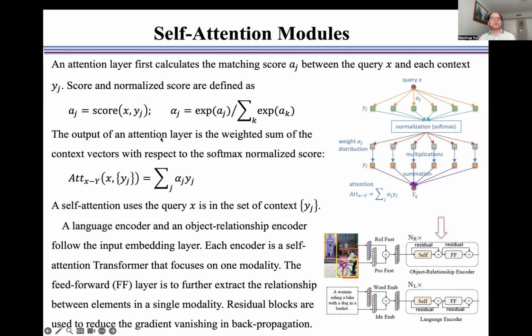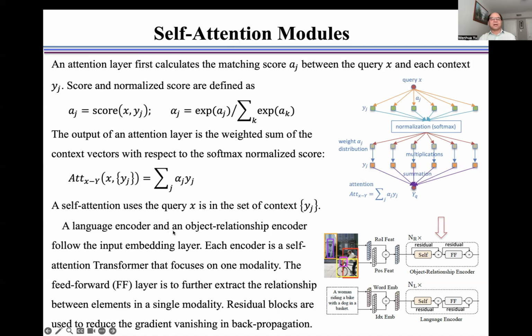The output of the attention layer is a weighted sum of context vectors with respect to the softmax normalized score, as defined here. A self-attention layer uses a query X that is in the set of contexts Y_G.